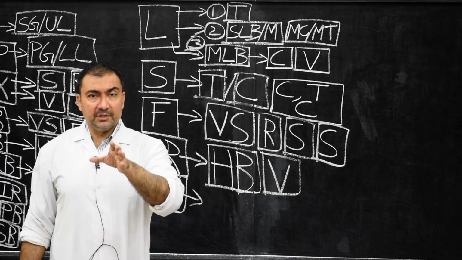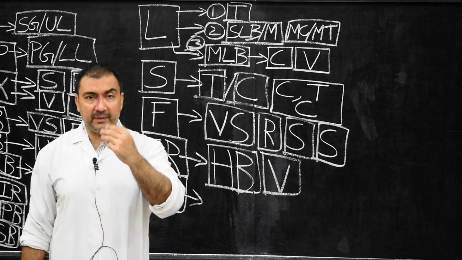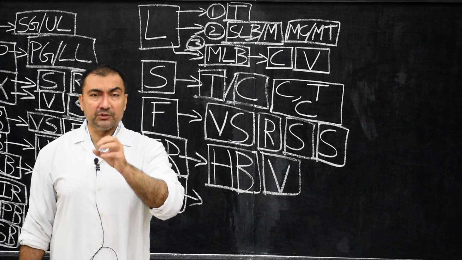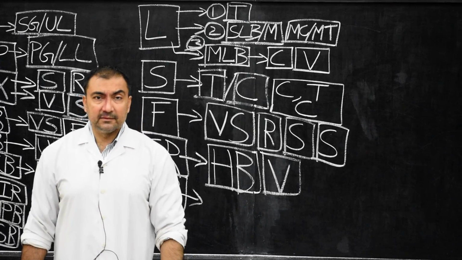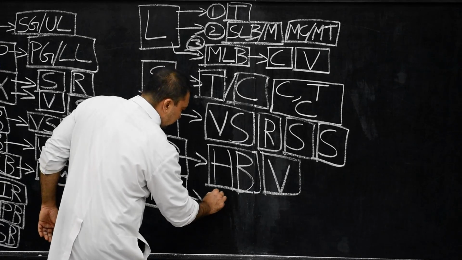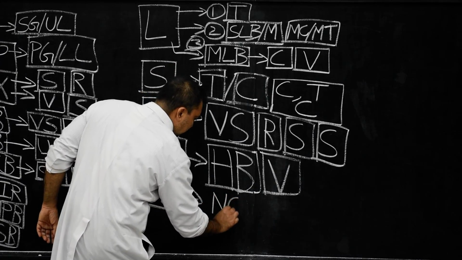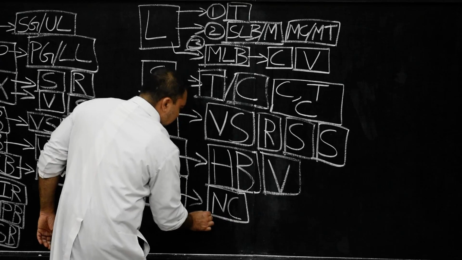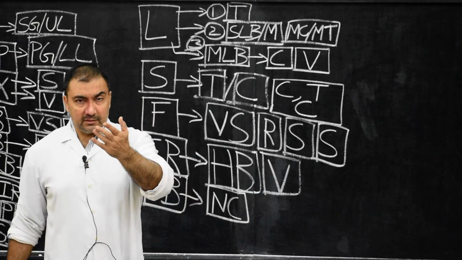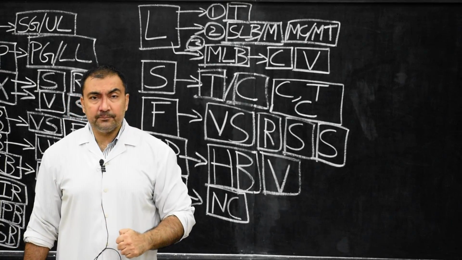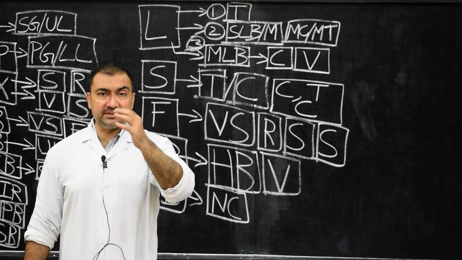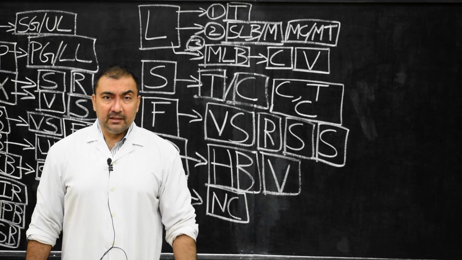Examples are the frontal bone, the maxilla, the ethmoid and the sphenoid. They belong to this pneumatic category.